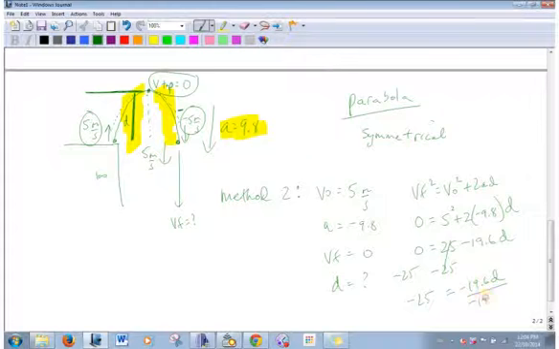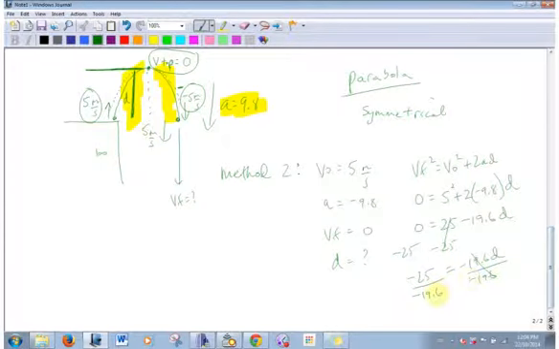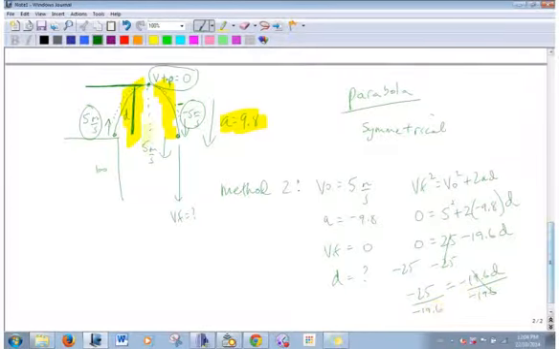Divide it away, because it says 19.6 times D. So you divide. And negative divided by a negative, is that a positive? Is that up? The opposite direction as what I took as negative down? Yes, it is. So it kind of makes sense, doesn't it? So D is, what's that?